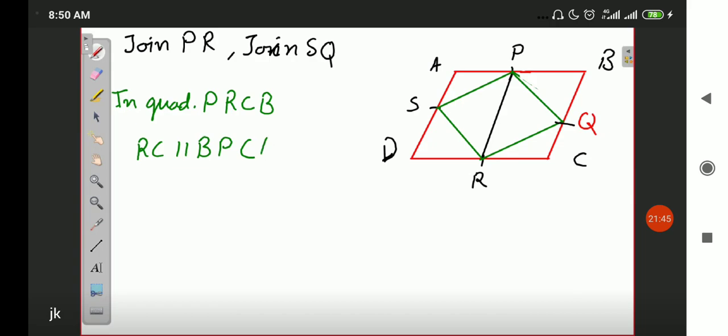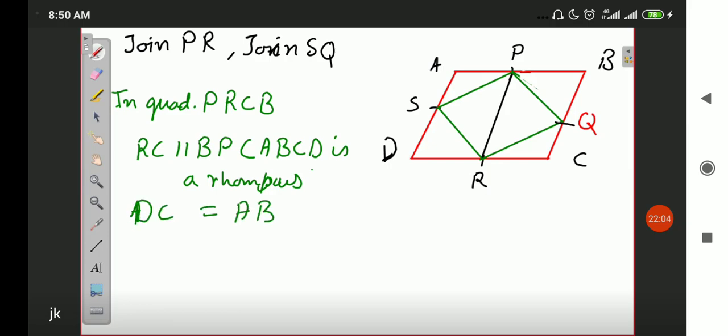Because ABCD is a rhombus. Secondly, DC and AB are equal. That means half of these two lines will also be equal. That means half of DC is RC and half of AB is PB.